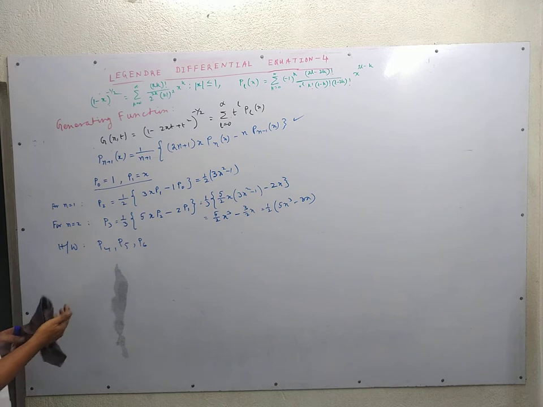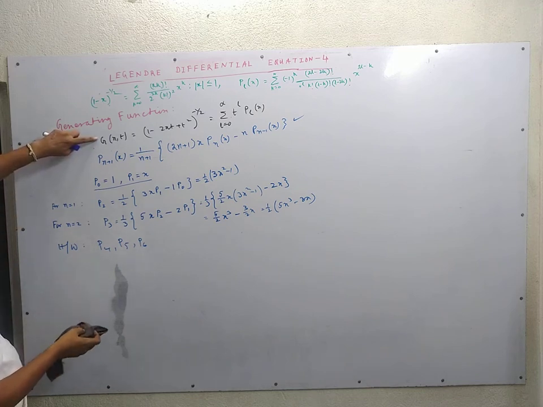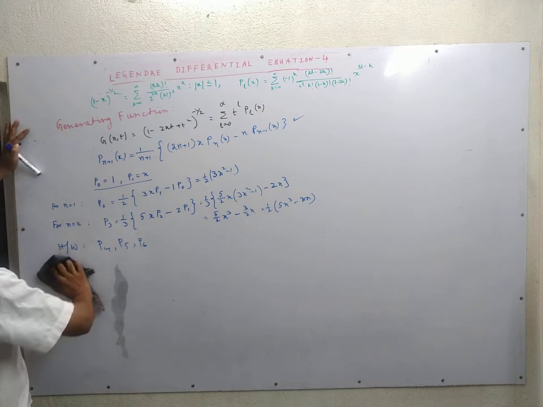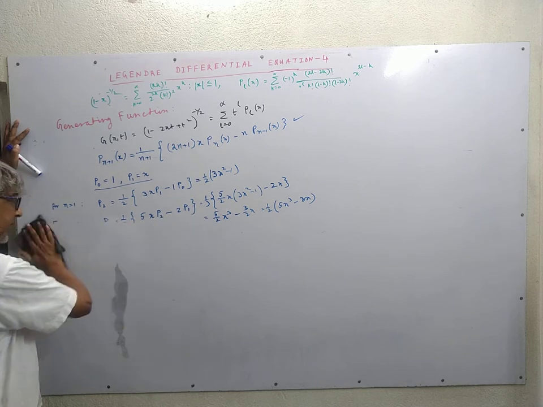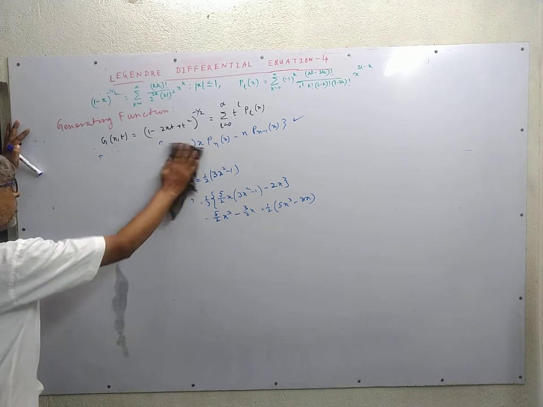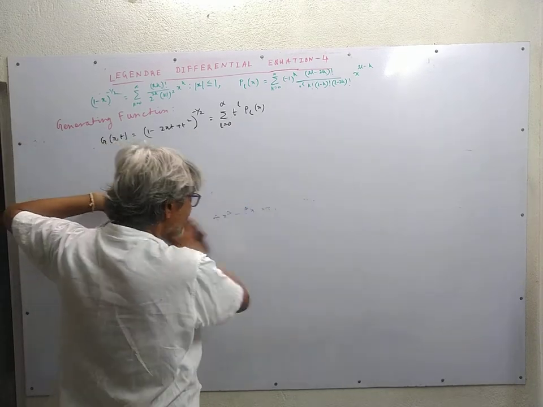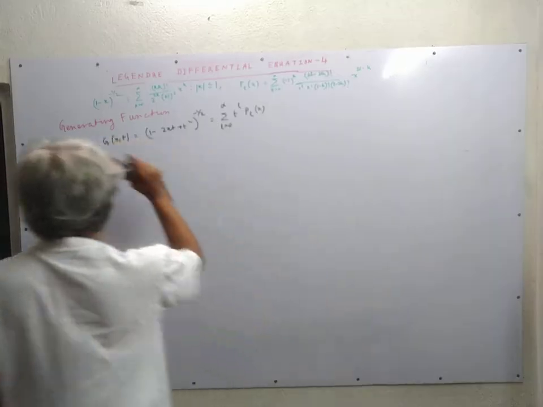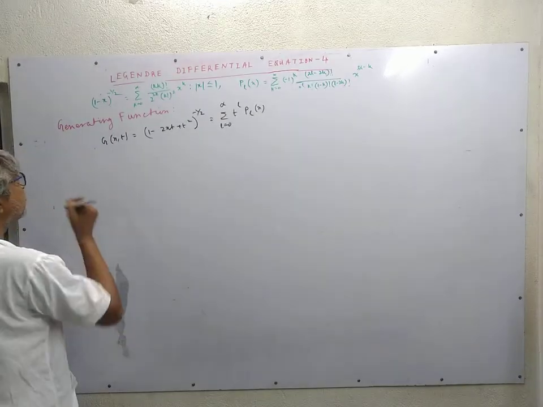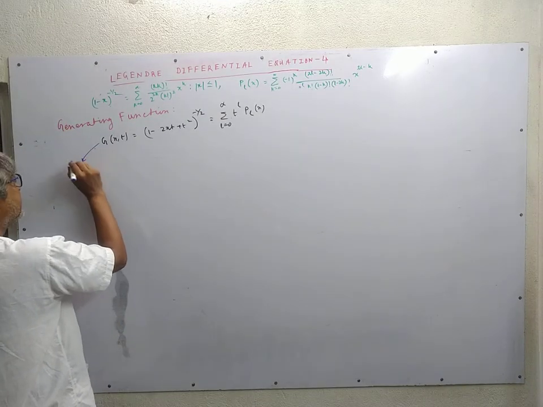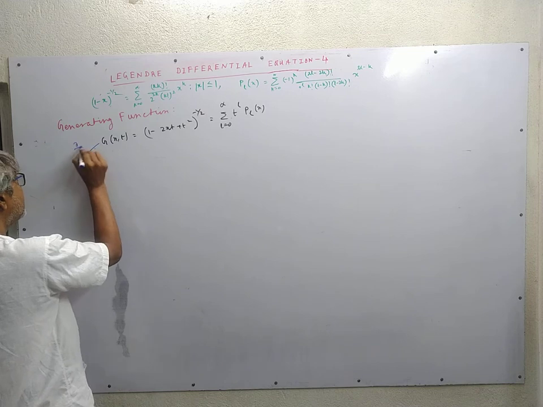In the earlier occasion, we differentiated the generating function partially with respect to parameter t and obtained the recurrence relation involving different orders of Legendre polynomial. So now if we differentiate this expression with respect to x, we will get an expression for the derivative of the Legendre polynomial.